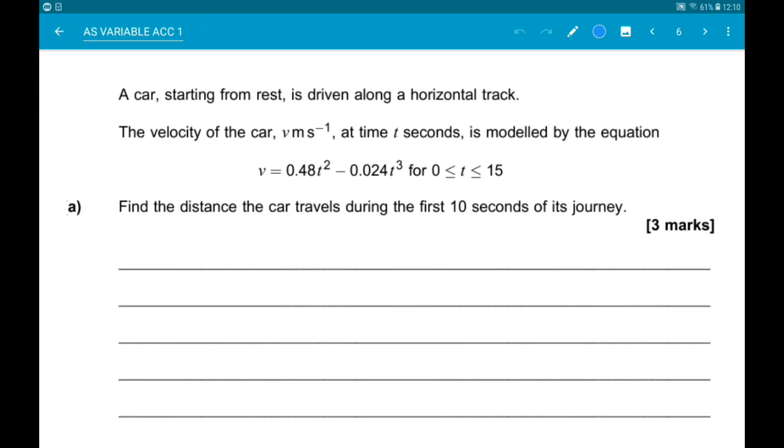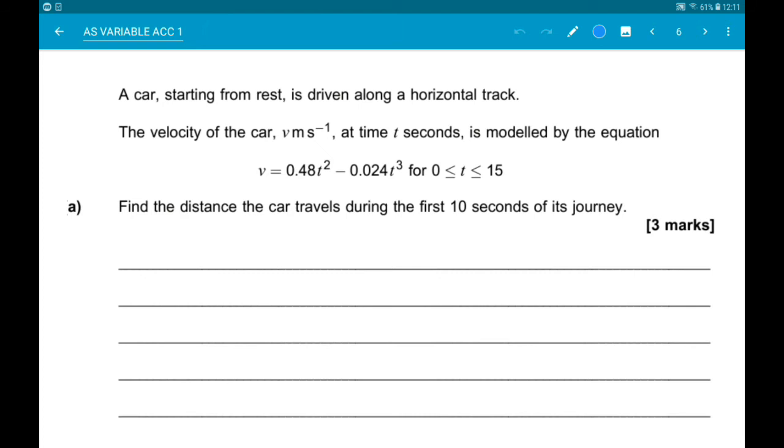Part A wants us to find the distance the car travels in the first 10 seconds. So we want the displacement from its initial starting point after 10 seconds.